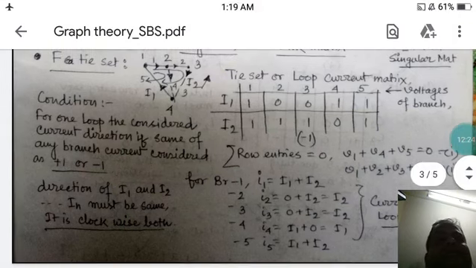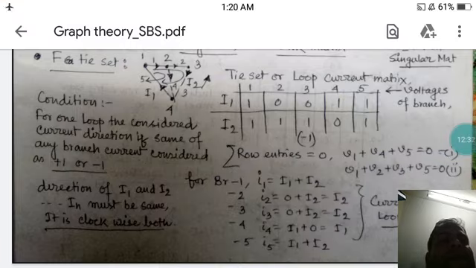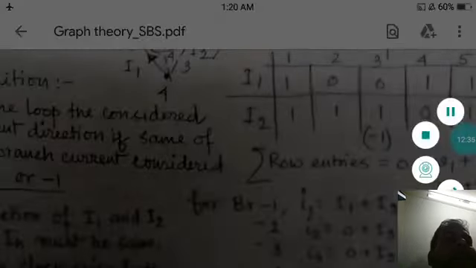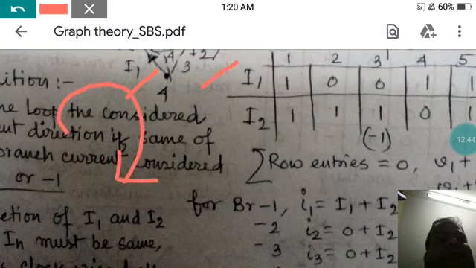Here, whatever direction I have made in this particular one, if you observe, I made it quite enlarged, and you can see the direction of I1 and I2 is always the same. Here I1 and I2 are all taken in this direction. So I1 and I2 must have the same direction, then only that matrix can be evaluated.